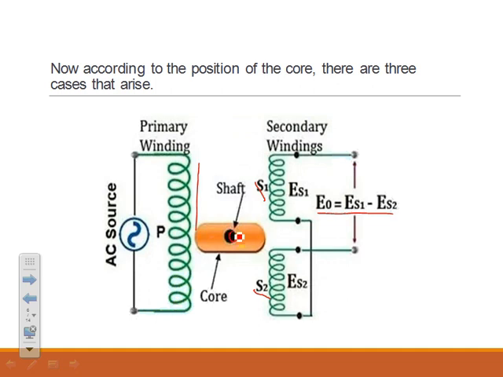The core will be in this position, and when it is rotated in a clockwise direction, the core will move toward the S1 position. When it is rotated anti-clockwise, it will move toward the S2 position. According to this, three cases will arise. We will discuss each case one by one.